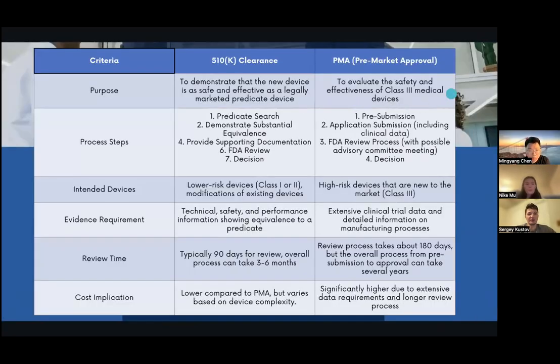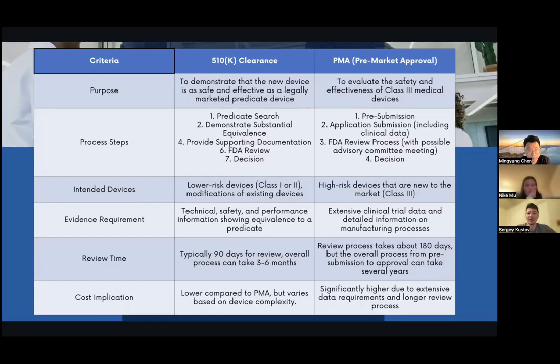And I will take over from here. So this is a more detailed breakdown of the criteria of the 510(k) clearance and the pre-market approval strategies. If you look at the purpose of these two side by side, the purpose of the 510(k) is to demonstrate that a new device is as safe and effective as a legally marketed analog or predicate device.